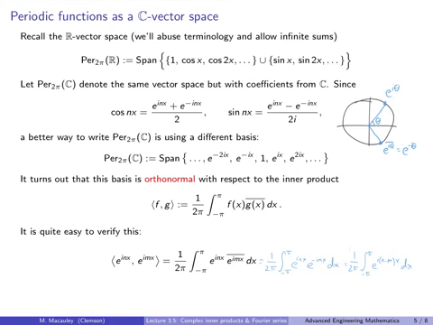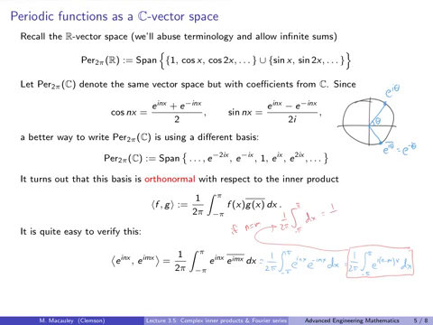Okay, now I'm going to box this, and let's think about what this is. There are two cases. If n and m are equal, then this whole thing reduces down to e to the 0, which is 1. Let me do that case right here. Suppose n equals m. Now we have 1 over 2 pi times the integral from negative pi to pi of the function 1 times dx.